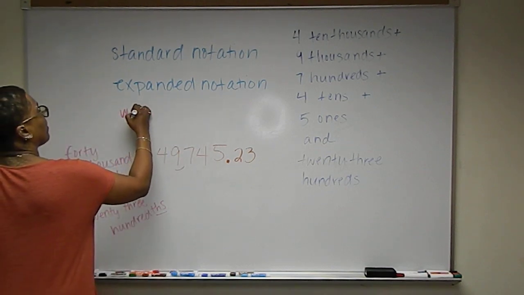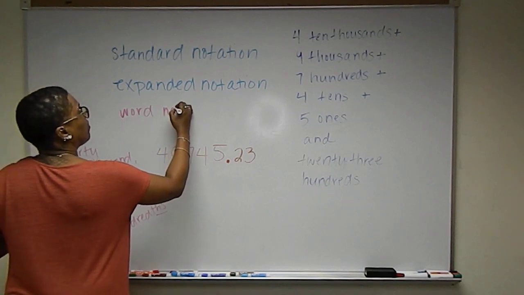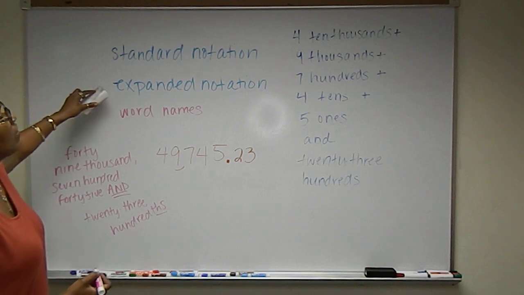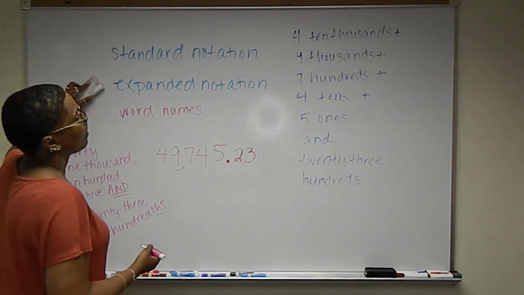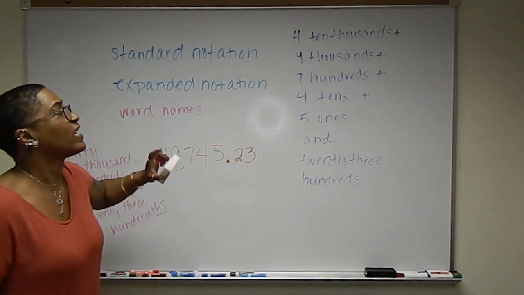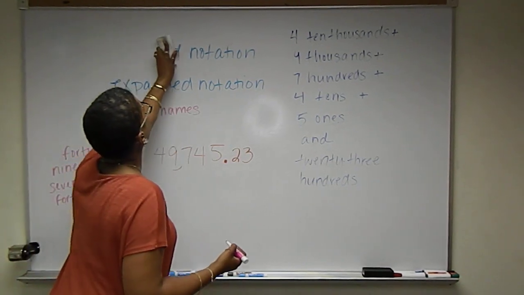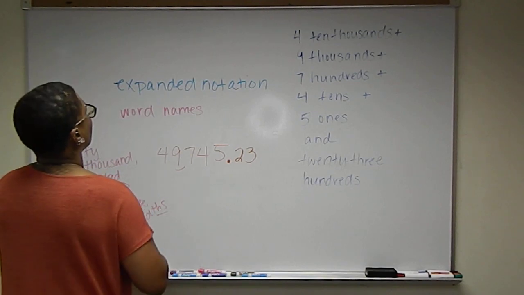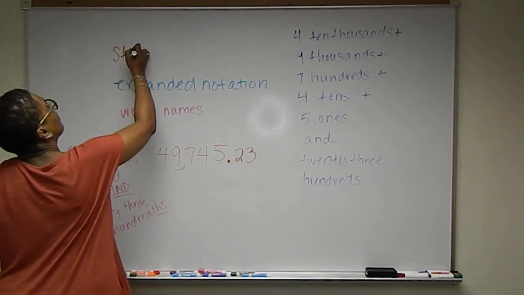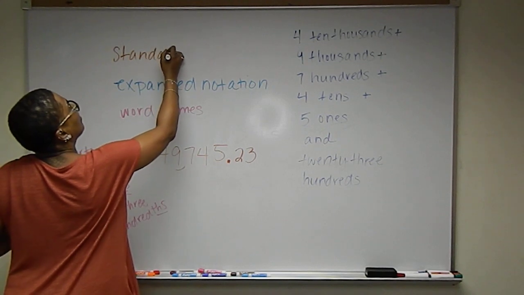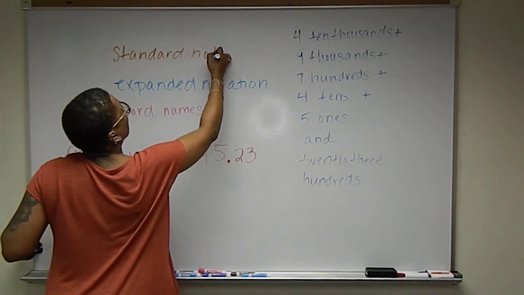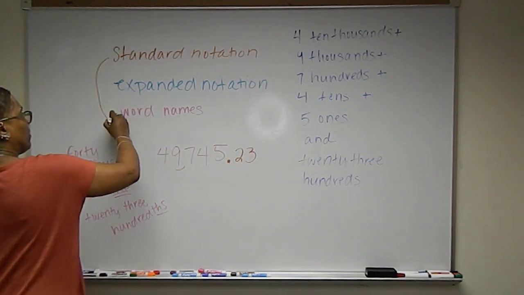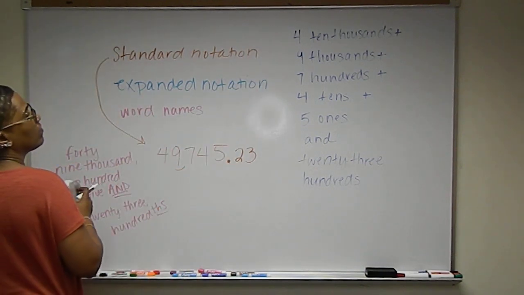Here, let me help you out. This one is word names. Let's see, expanded notation. I'll leave the blues even though the blues don't match. And then standard notation. Standard notation goes here.